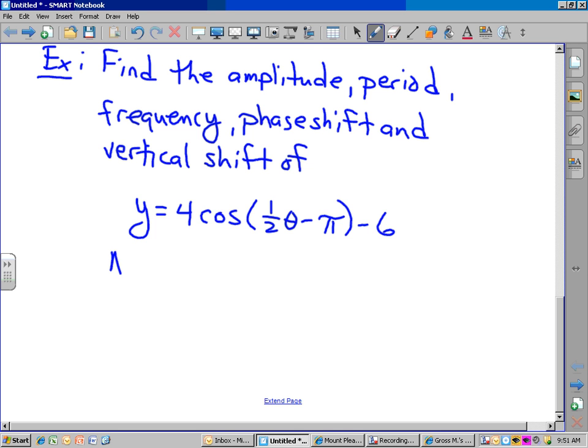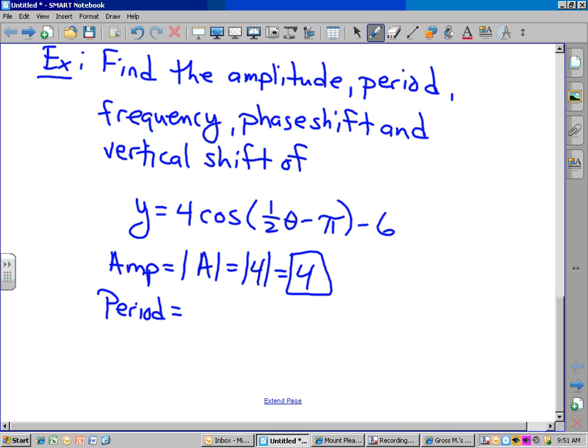Okay, what's the amplitude? 4. Absolute value of A, or 4, which is 4. That is correct. Remember absolute value. What's period? Two pi over k.